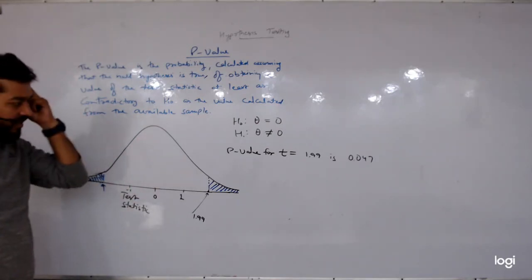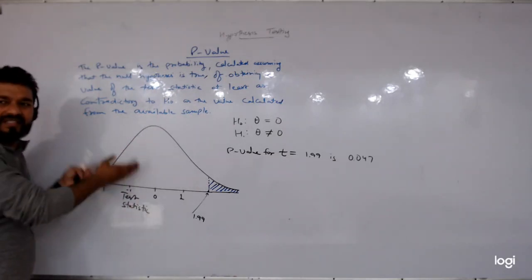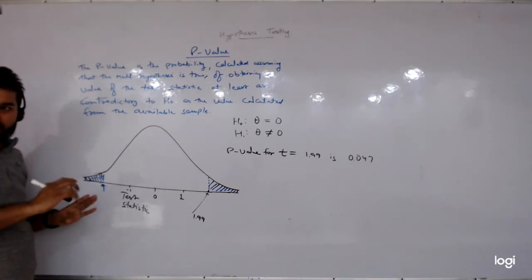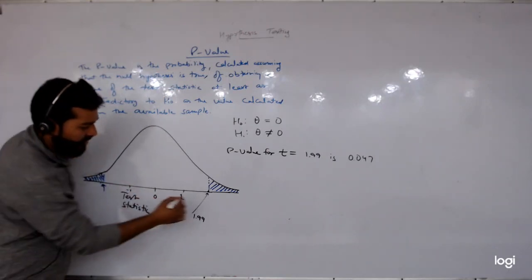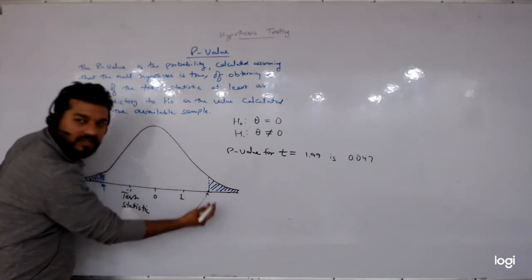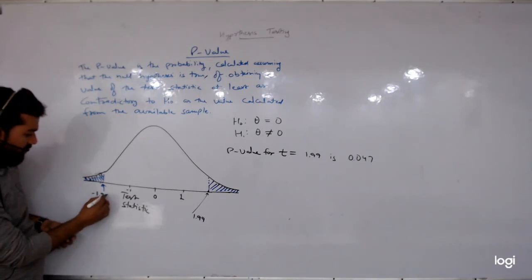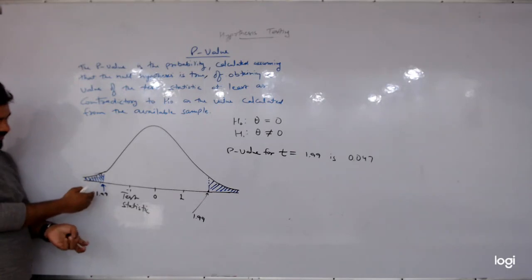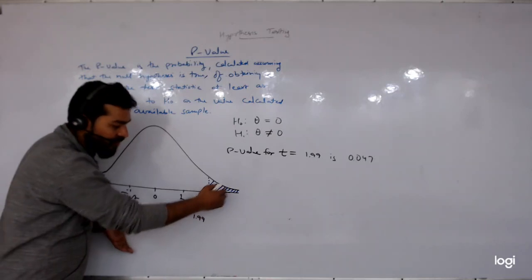Okay, so how do we calculate the probability value for t? We know the distribution, and it's a standard distribution. There would be a standardized table for that. All we need to know is what is the area to the right of this, and because it's standard normal, combined, what is the area of having values less than minus 1.99 and more than 1.99.